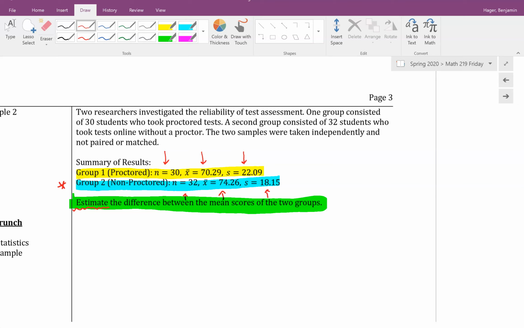I'm going to use some little notation here. I'm going to let P be the proctored group. And how about N be the non-proctored group?